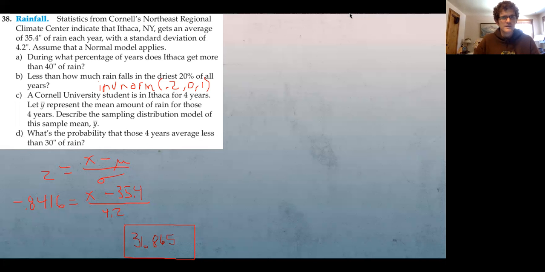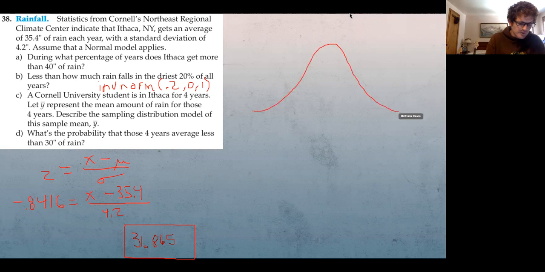And let's go ahead now and answer the last two. Now there's a student in Ithaca for 4 years, and Y bar, now we would probably call it X bar, is the sample mean for the 4 years they're there. We're going to come up with the sampling distribution model of the sample mean. I just want to run through this one a little bit quickly.